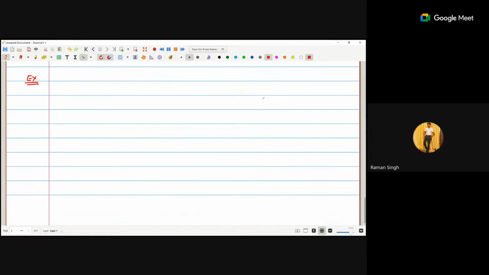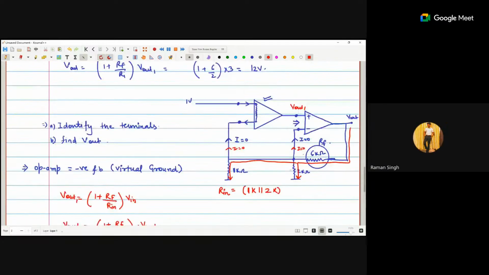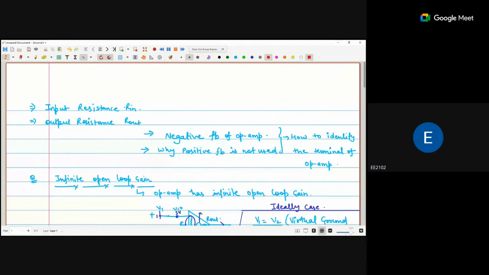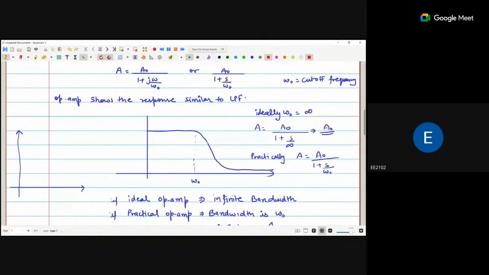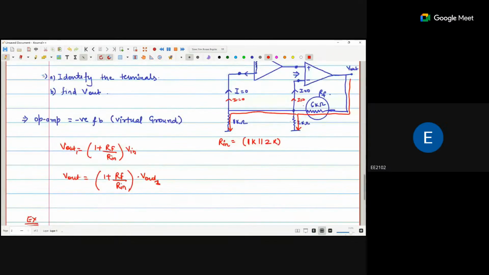So can you explain it again? Okay, basically in the starting of the class I discussed that this is the virtual ground condition. Operation amplifier in a negative feedback always behaves as a virtual ground concept. Only in the negative feedback, not in the positive feedback.